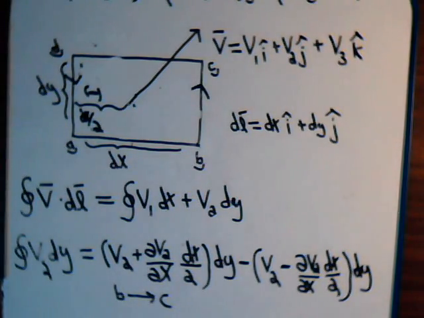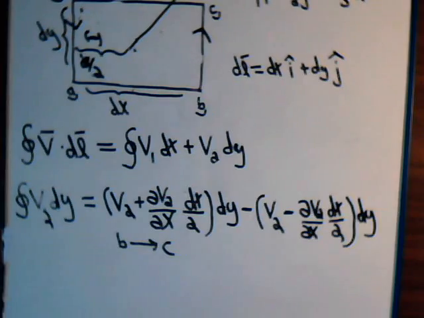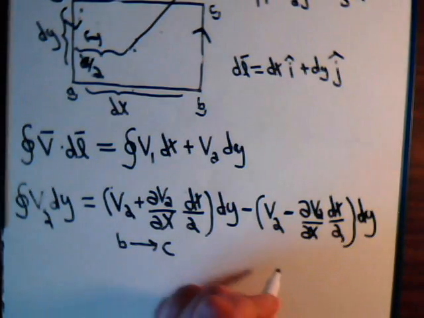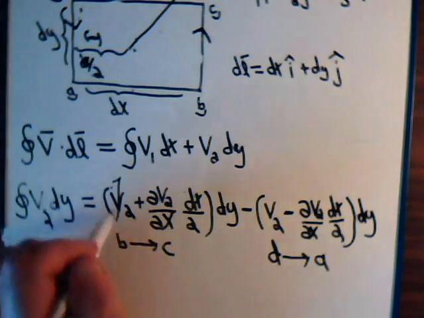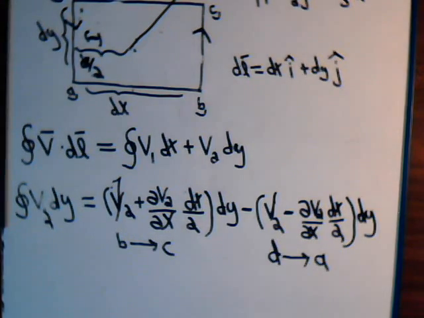So when we add these together, and this now is going from D to A, these cancel.